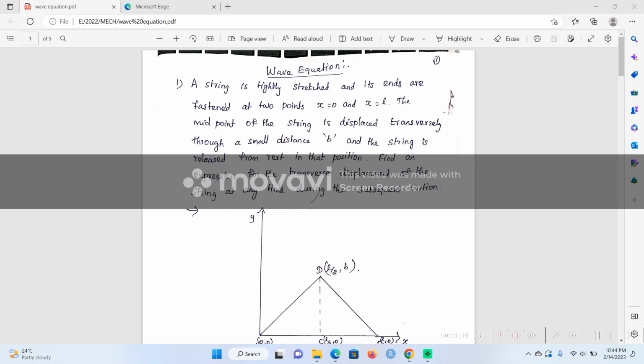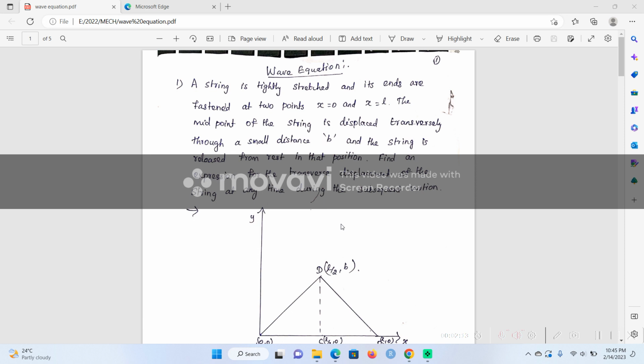Find an expression for the transverse displacement of the string at any time during the subsequent motion. So if we release that string from rest in that position, then there will be some displacement of the string. So we are going to find the displacement expression in the subsequent motion.